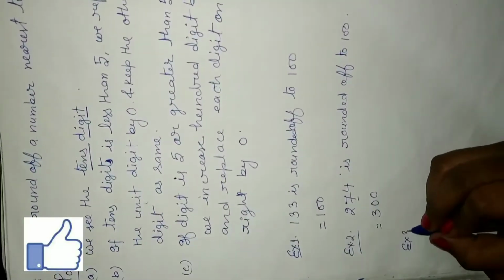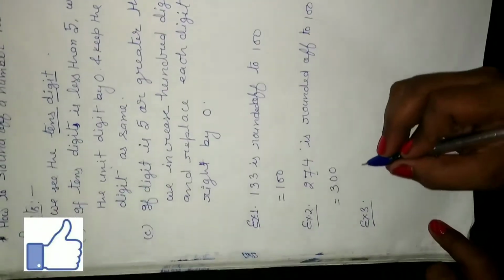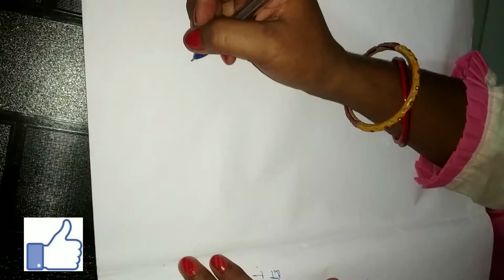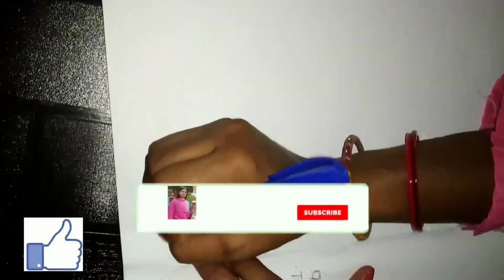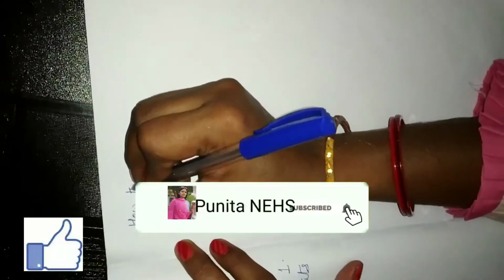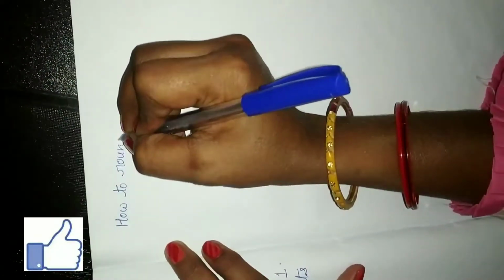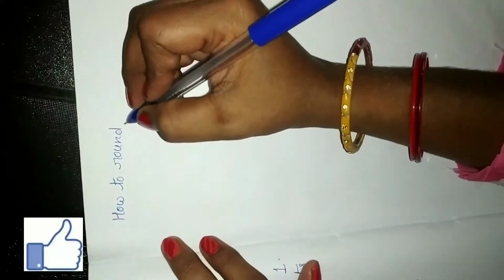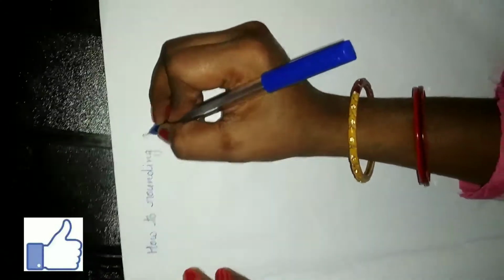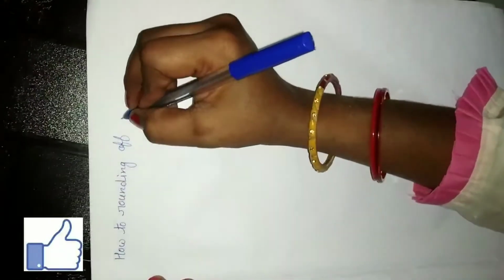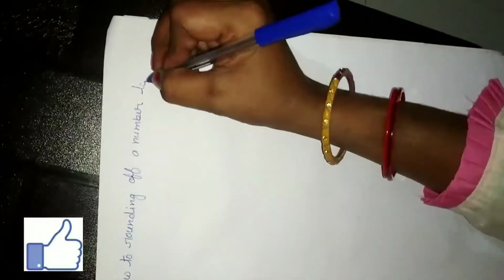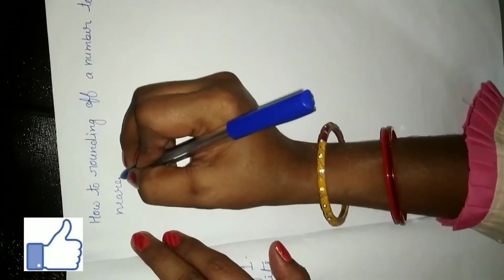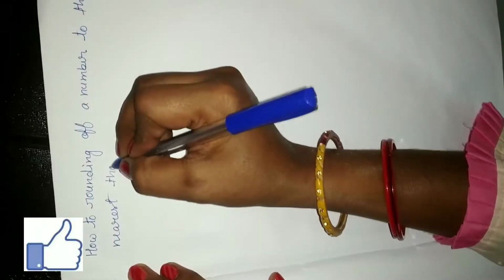Let us take another example. Now I am discussing how to round a number to the nearest thousand.